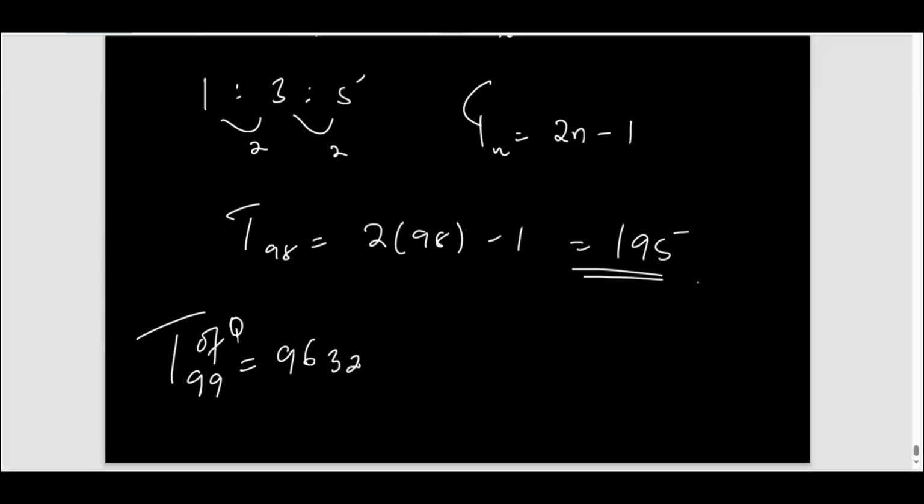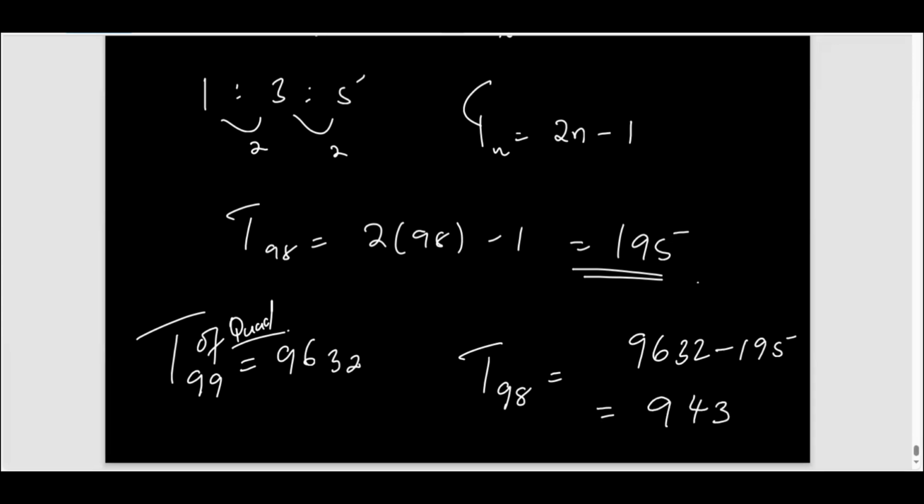This is for the quadratic. So for me to get T98, it's going to be 9632 minus 195, since I'm moving backwards. So 9632, I'm subtracting 195. That's going to give me 9437. Okay, so that is what I'm getting.